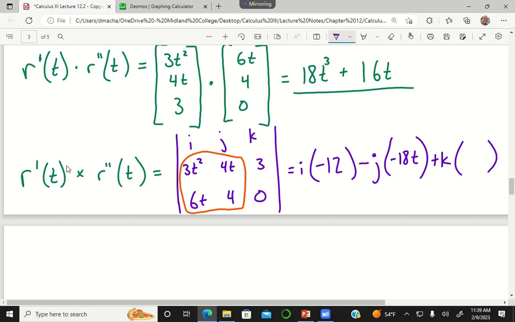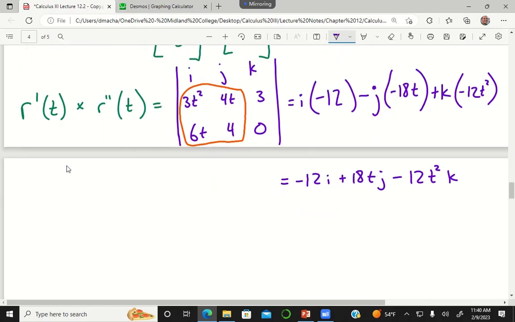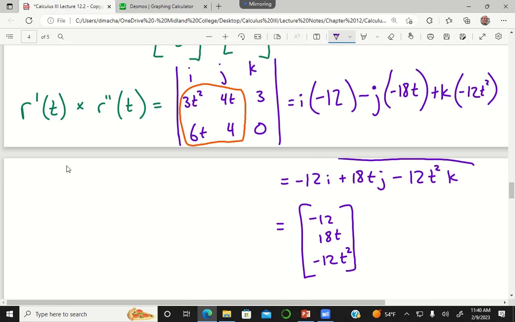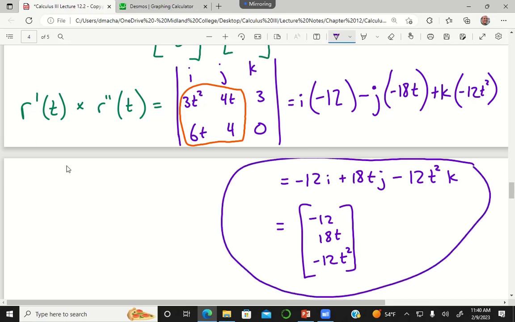So it's 12t squared minus 24t squared, so that is minus 12t squared. And I could rewrite this like negative 12i plus 18tj minus 12t squared k, or in column vector notation, you could also write negative 12, 18t, negative 12t squared. Right? These are the same thing, either way you write it.